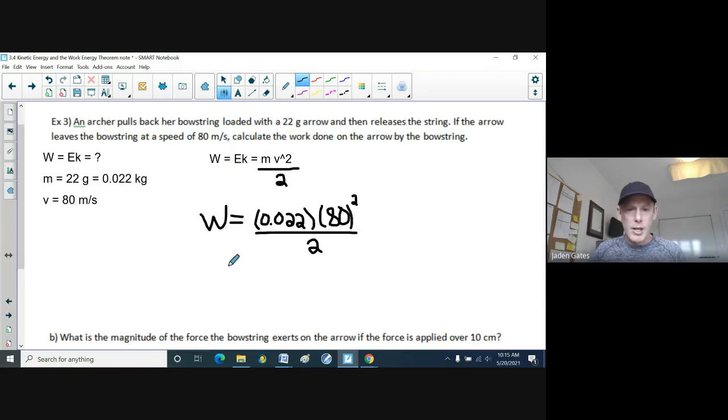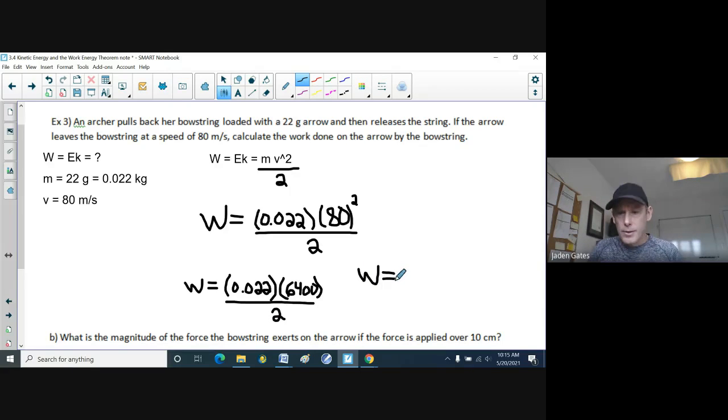As I've said before, got to follow BEDMAS here, so I do that 80 squared first. I've got my 0.022, and 80 squared is 6,400. All right, there it is. And of course, can't forget the divide by 2. I don't know how many times people forget the divide by 2.